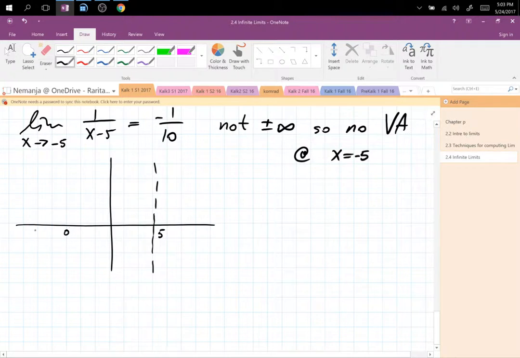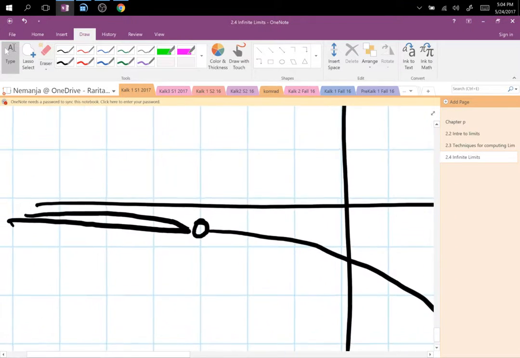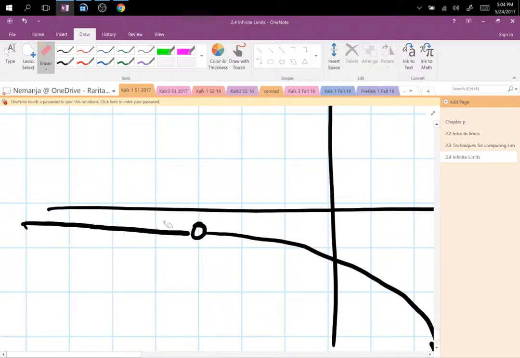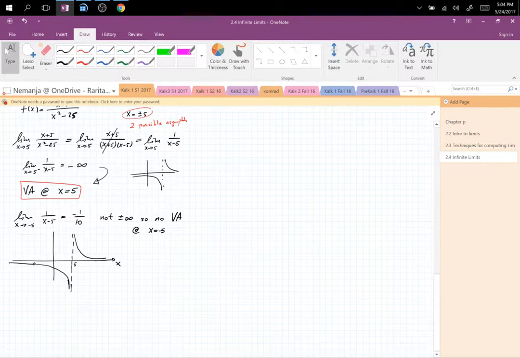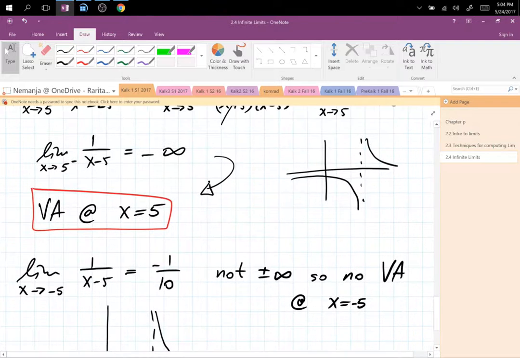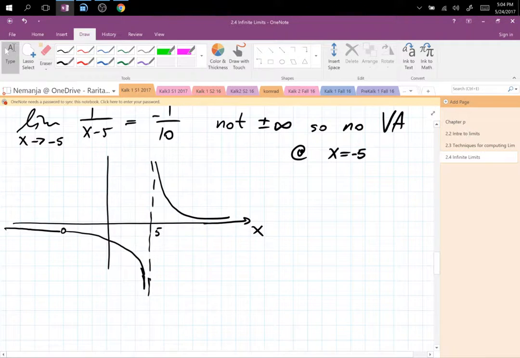So the function will go like this. So you see that there's only one vertical asymptote.